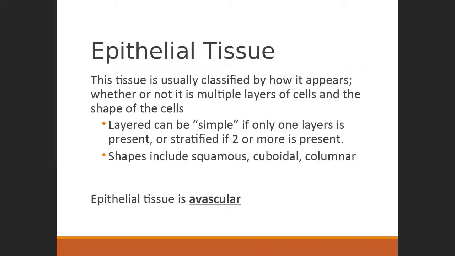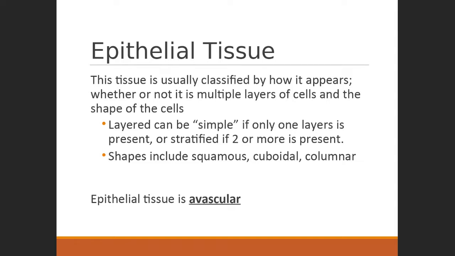Now, for epithelial tissue, we see several different types manifest based on two different variables. So whenever you're given a picture or a slide on a microscope from a tissue, you need to be able to look at these two variables. The first one is how many layers. Now, luckily, we're not going to be asking you to count the layers, because some of them are going to have hundreds.